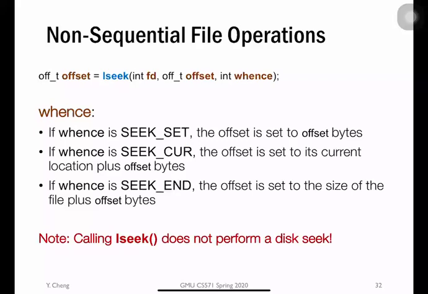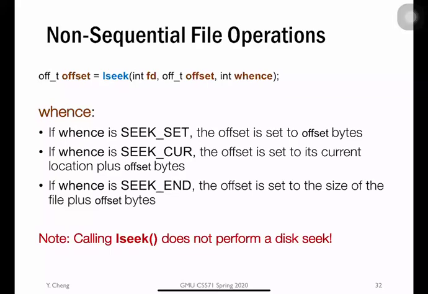So the caveat of lseek is that calling lseek doesn't necessarily result in some disk operation, disk-specific operations that have something to do with the moving parts of the mechanical hard disk drive.